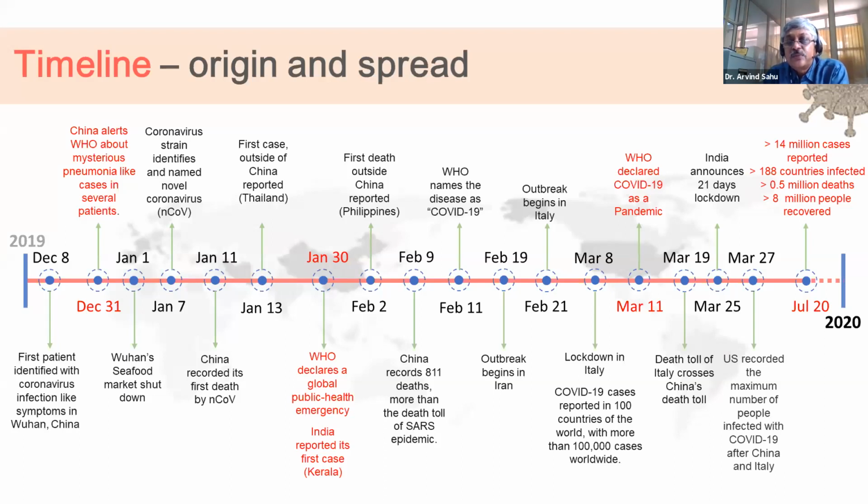As of 20th July, we have over 14 million cases in 188 countries, over 500,000 deaths. But the good thing is that a lot of people are recovering, almost close to 8 million, which is a good sign.